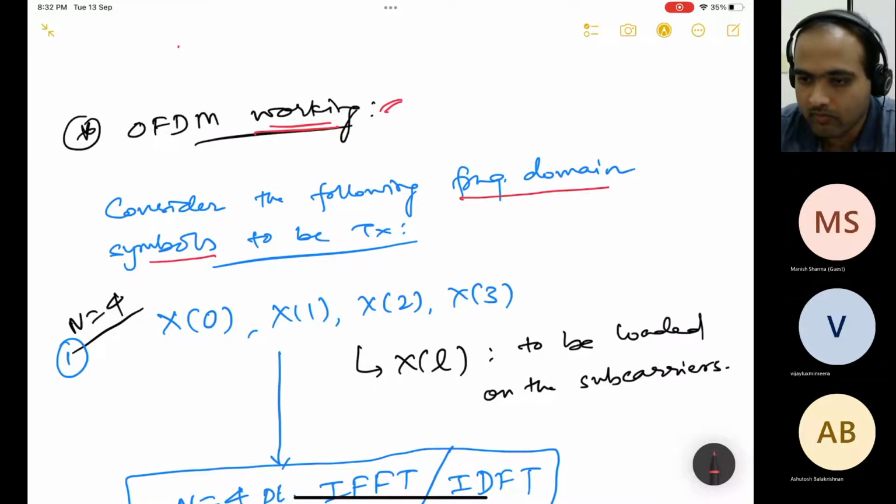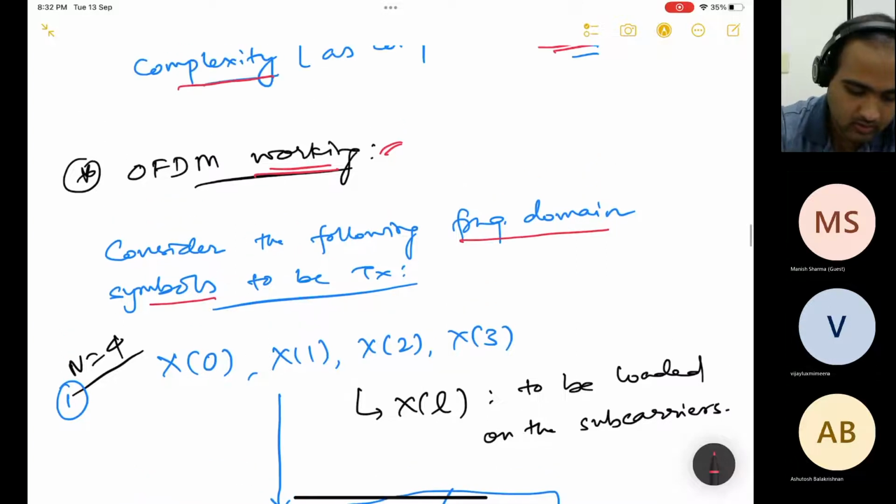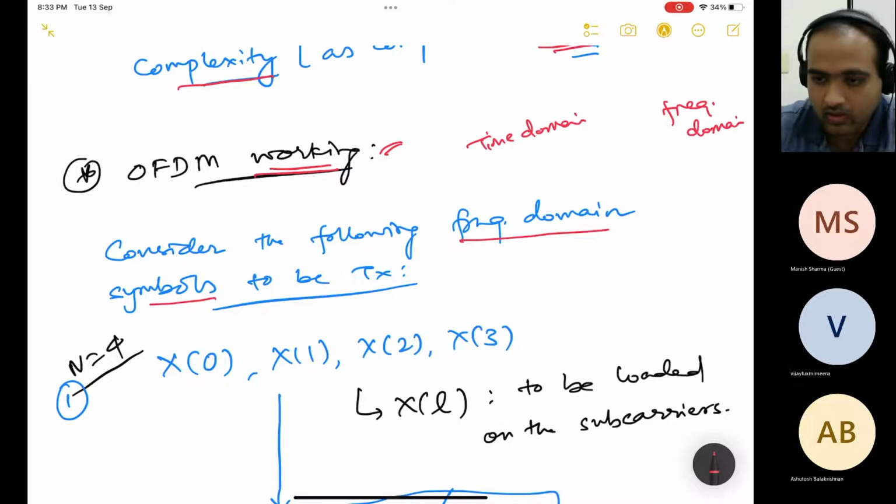Now in OFDM we are going to discuss two domains. We have the time domain, and we have the frequency domain. So what is the time domain? What is the frequency domain? For now you can just assume that currently we are in the time domain.